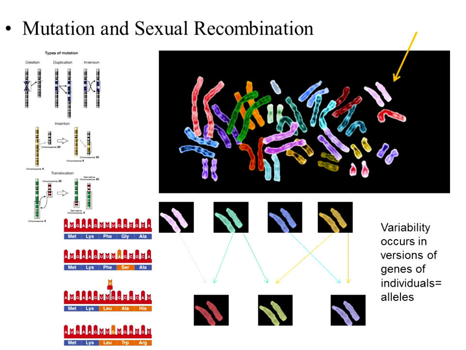Okay, so let's briefly look at mutation and sexual recombination, the two sources of genetic variety, very quickly at the genetic level. The chart on your top left here shows examples of mutation.